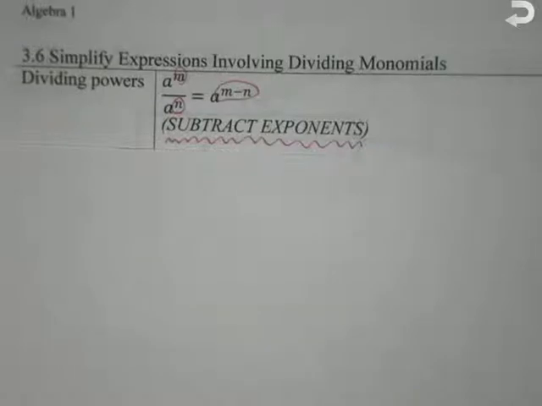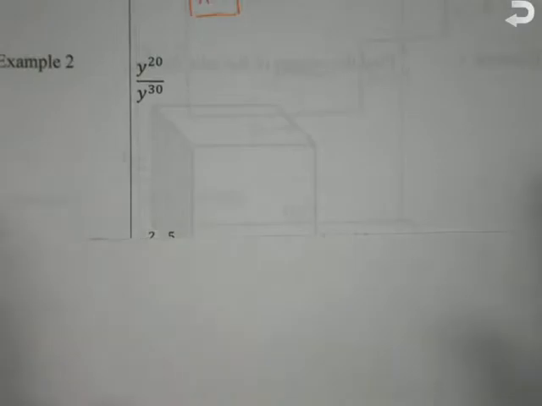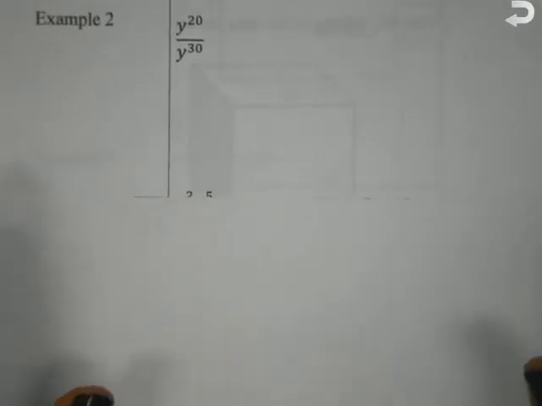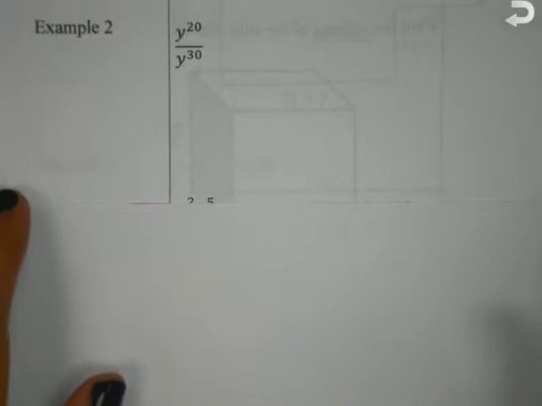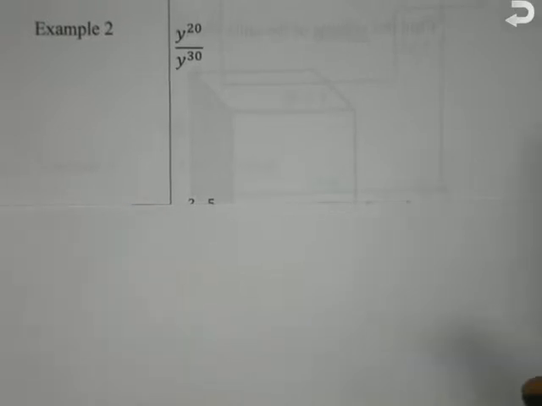So let's look at example 2. This one is similar, but it's a little bit different. So we have y to the 20th power over y to the 30th power. Okay? Alright, so let's look at this.